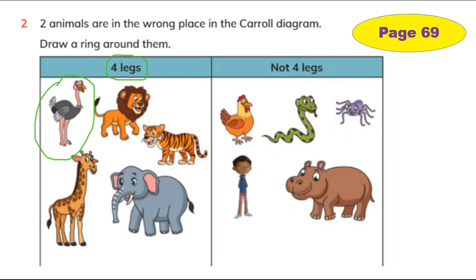Okay, the hippo should be in the four legs column. So this is the wrong place. All right. So in this way, you can look for four legs and not four legs. This is the Carroll diagram that tells you what animals have four legs and what animals do not have four legs. So let's move on to the next slide.